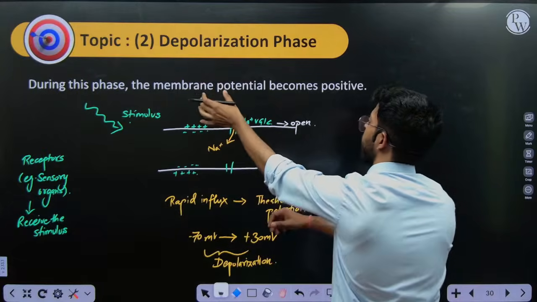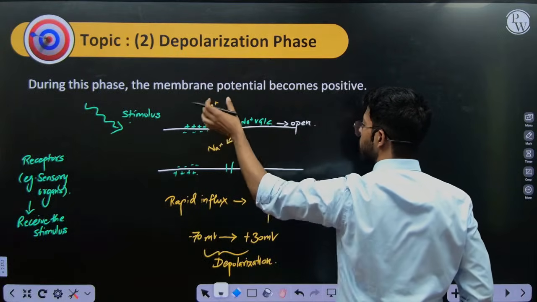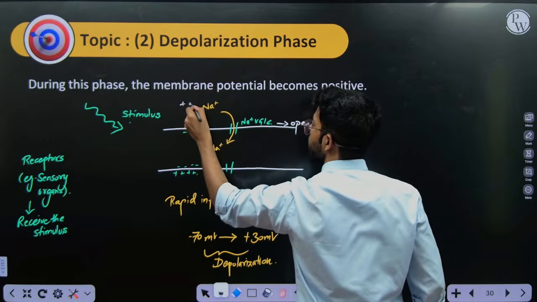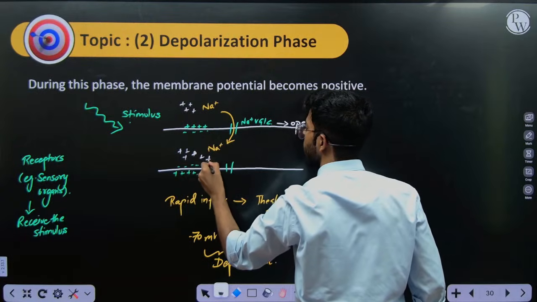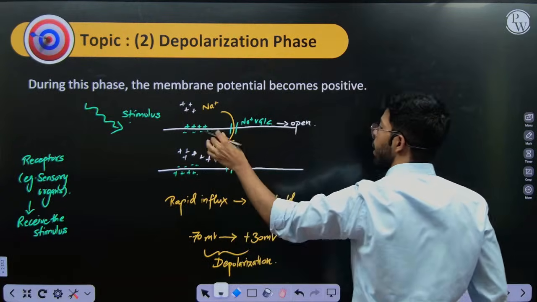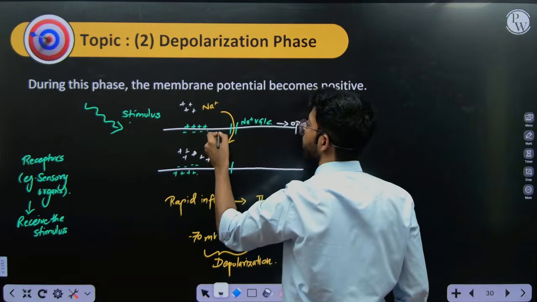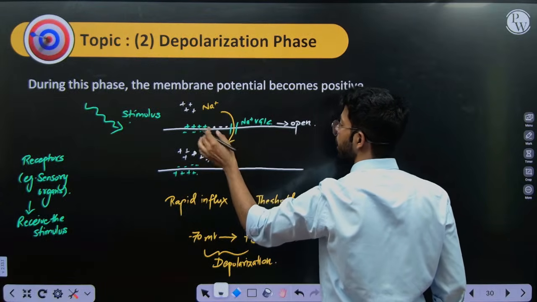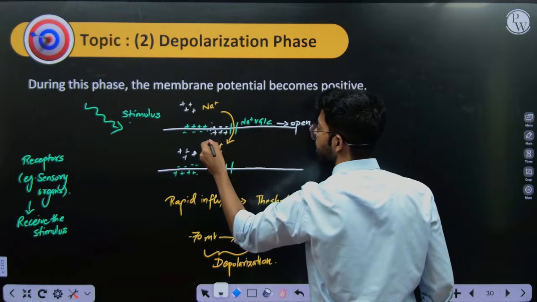When more positive ions enter inside the neuron, the polarity gets reversed. Now the inside is positive compared to the outside.